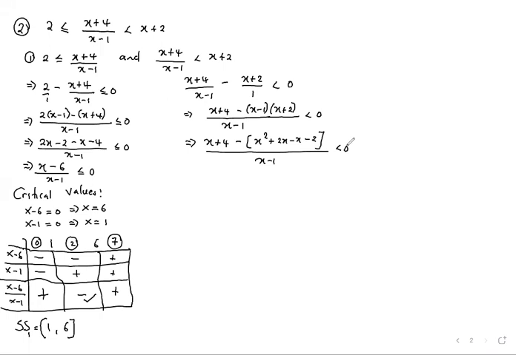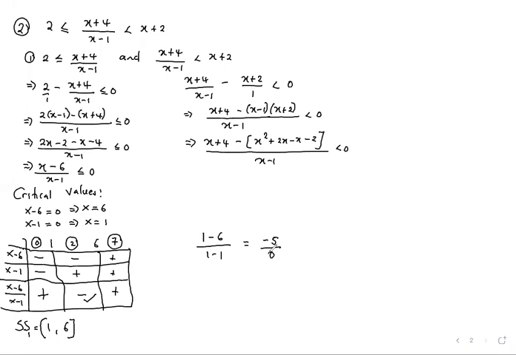Here, why is it that 1 is not included in the solution set? Because it's in the denominator. If we include it, we'll have 1 minus 6 over 1 minus 1. This will give us negative 5 over 0. Is this less or equal to 0?